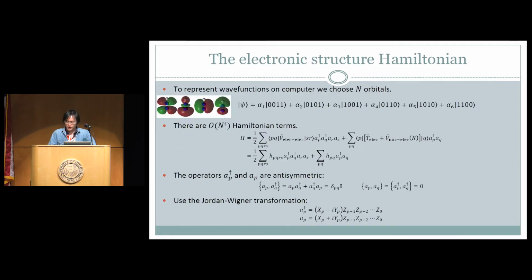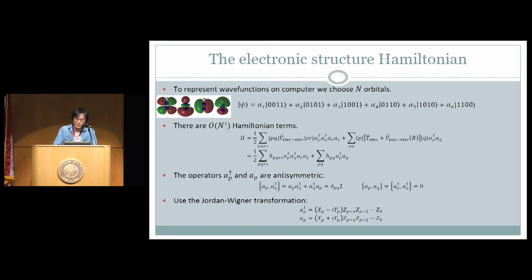And how can we apply this to simulation of chemistry? Typically, when we think about chemistry, we usually choose a basis set of orbitals. For hydrogen, this would be your hydrogen basis sets. But you could also choose linear combinations of these atomic orbitals that capture where your electrons live.